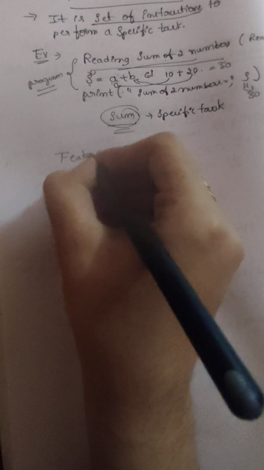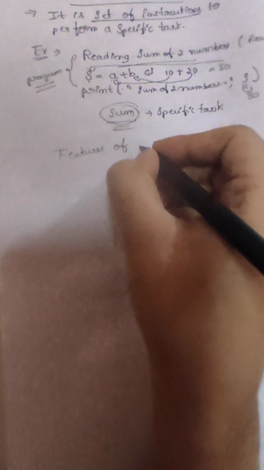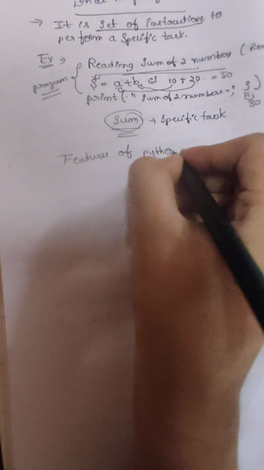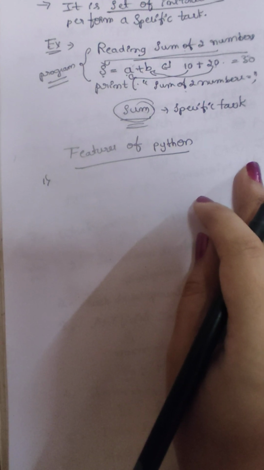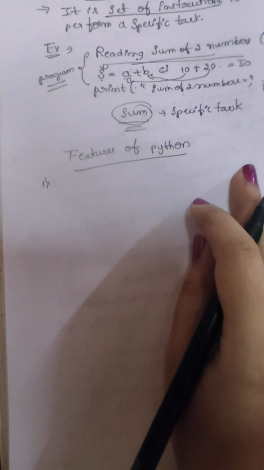Okay, then I am now discussing the features of Python. What are the features of Python? How is Python different compared to C, C++ and Java? Now we have to discuss.